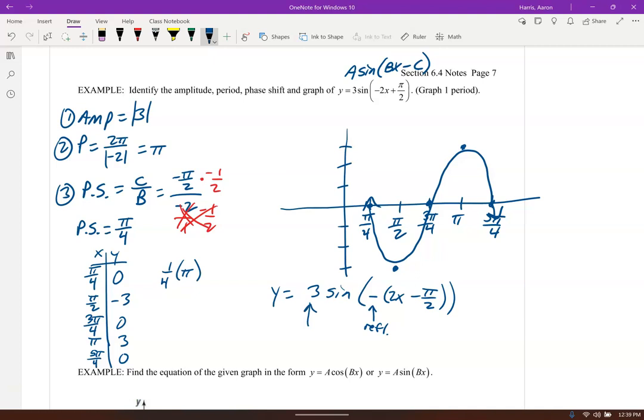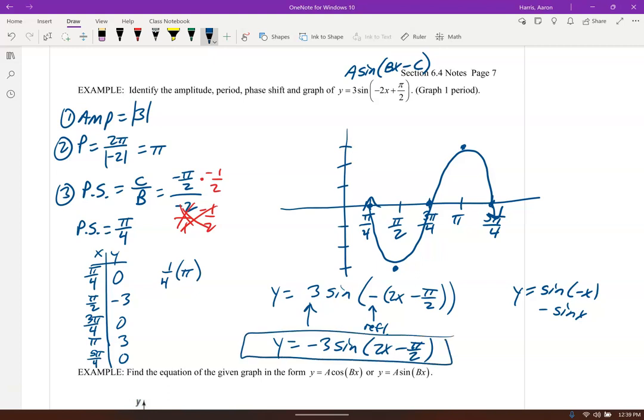Or if you remember, sine of negative x is negative sine of x, you can also write this as negative 3 sine of 2x minus pi halves. This is the same thing. So that's another way to think about this.